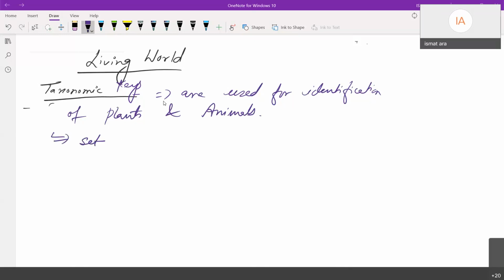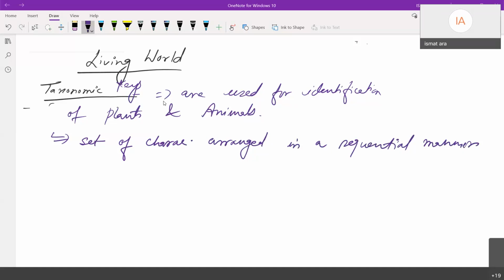Taxonomic keys are a set of characters arranged in a sequential manner.